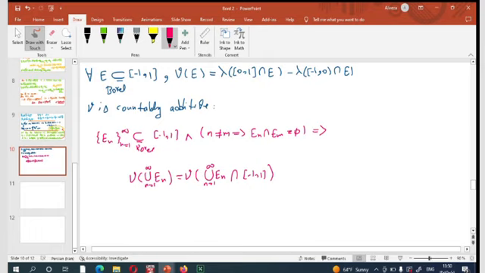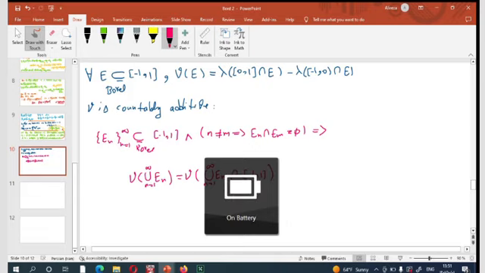It's very trivial because all of these are subsets of this interval, so these two are the same. This union is a subset of this interval, so these two sets are equal, okay?